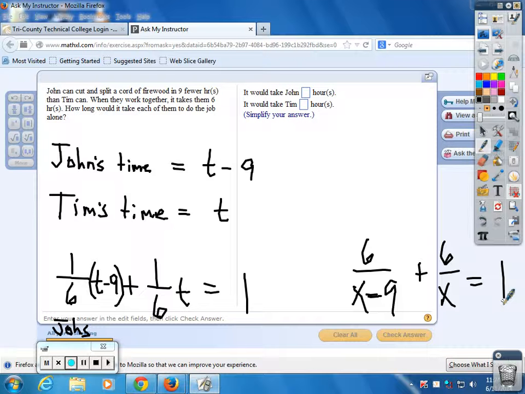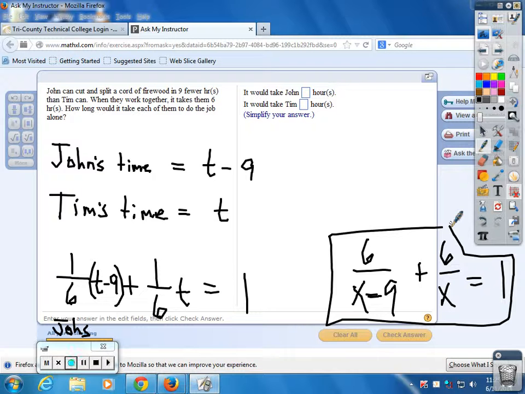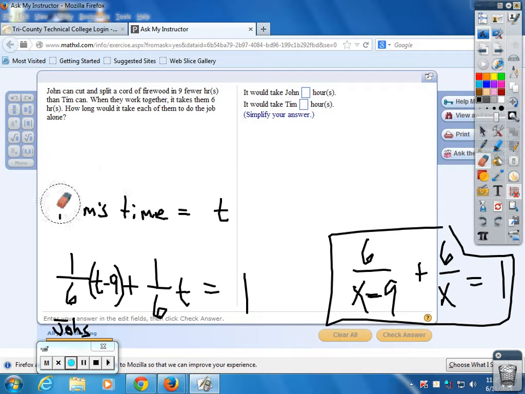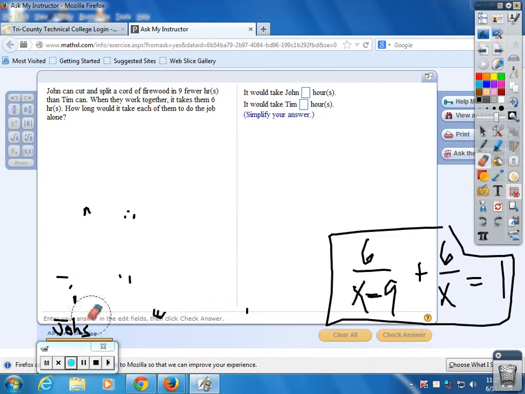And what did we come out with on John's hours? I think it was 18 and 9. Okay, let's use that one since we already did it this way. So 6 over X plus 6 over X minus 9 equals 1.